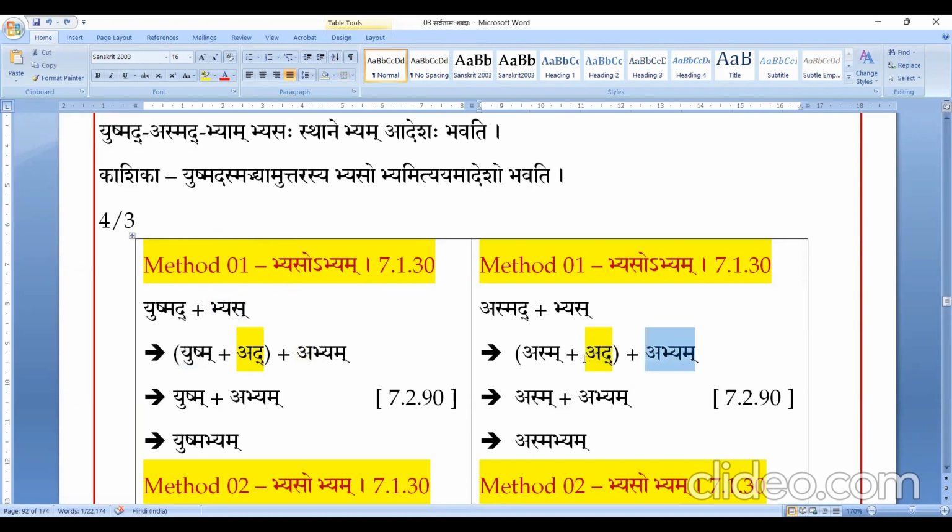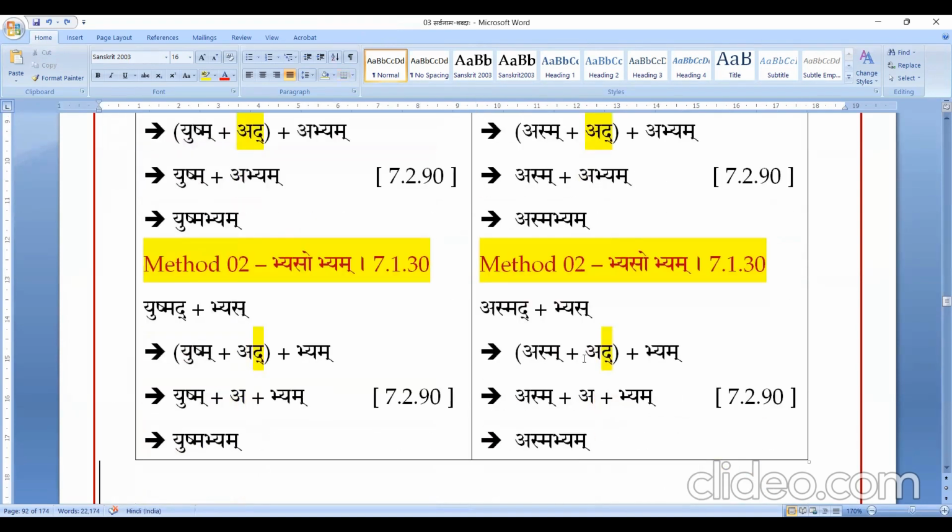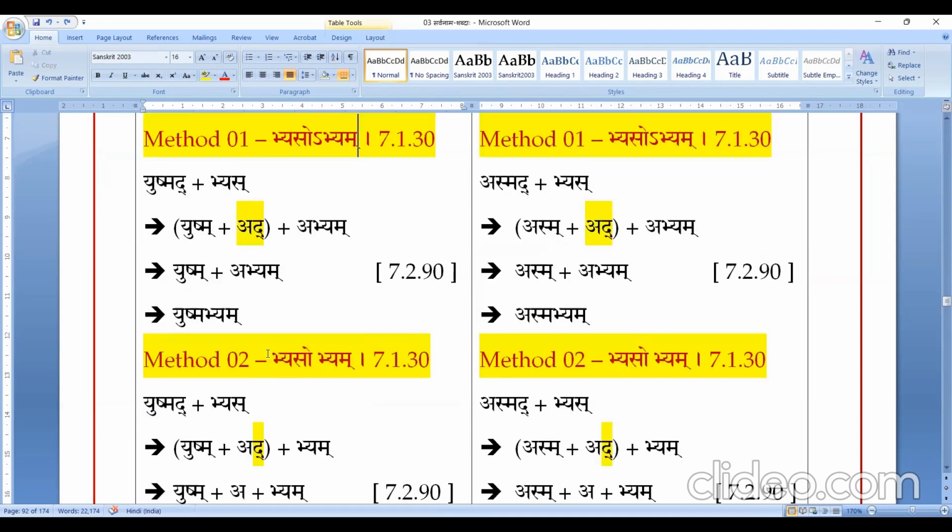Therefore, take the Adesha to be Abhyam. Or if you take Antya Lopaha, then you can take Bhyam, because Dakara alone becomes Lopaha. So Dakara becomes Lopaha, therefore Yushma plus Bhyam, Yushmabhyam, Asmabhyam. So anyway, by methods 1 and 2 you get the same rupa. By method 1, in Ta Lopaha, we have to take Abhyam. When Antya Lopaha, where Akara will be retained, we can take Abhyam.